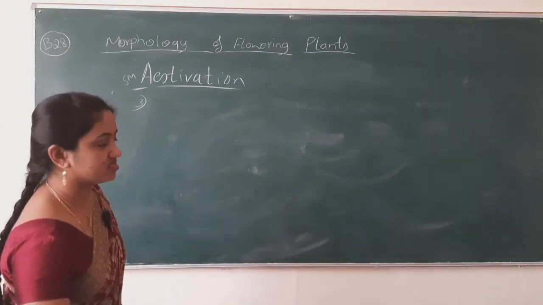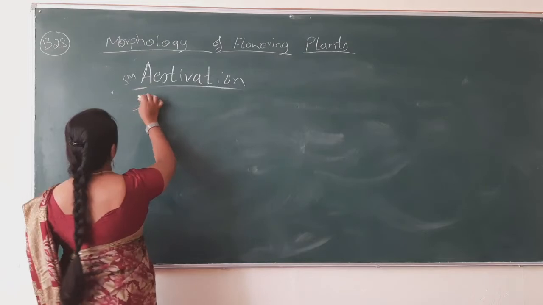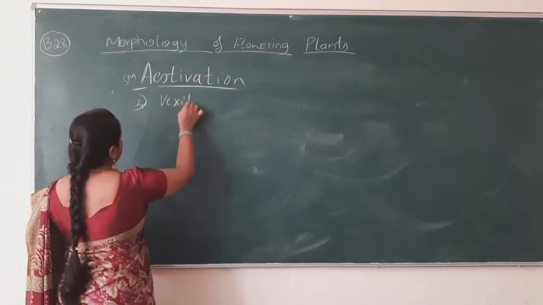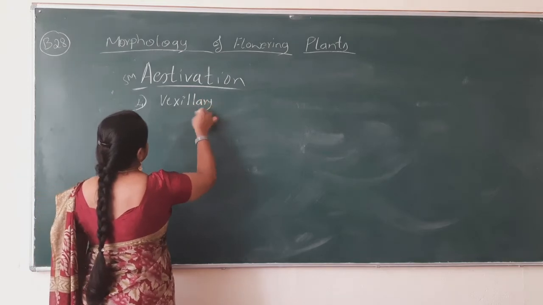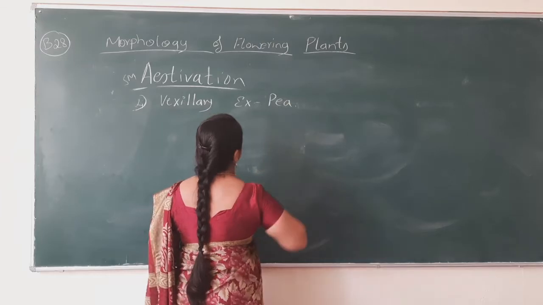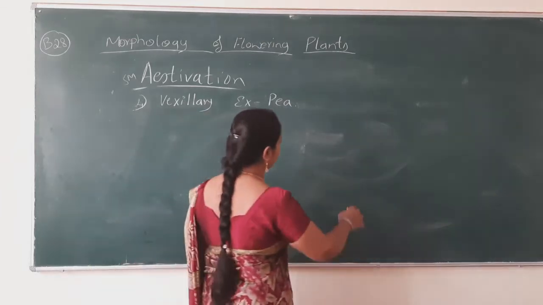The next is the fourth one, vexillary type of estivation. Example for this is pea, bean.